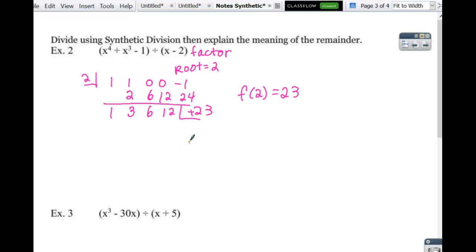If you wrote the suppressed equation, you got x cubed plus 3x squared plus 6x plus 12 plus 23. And what does 23 go over? x minus 2. It goes over the factor, just like yesterday. So that's the answer, right? So if it's not a factor, then you write the suppressed equation? Yes.